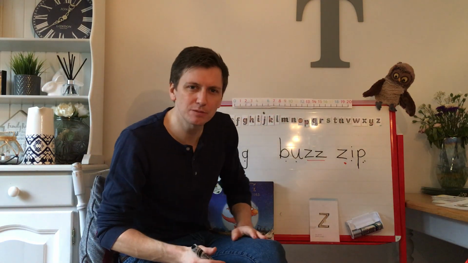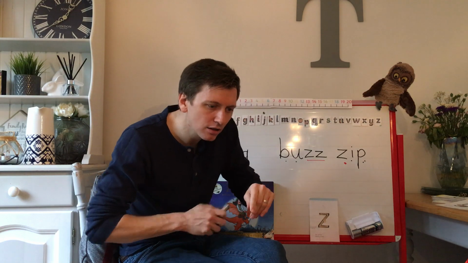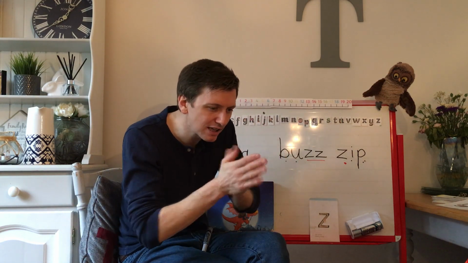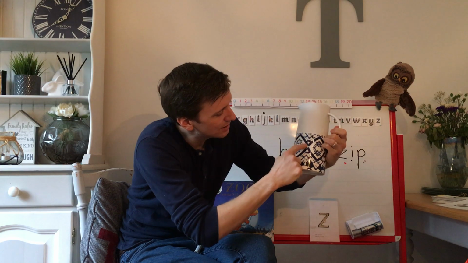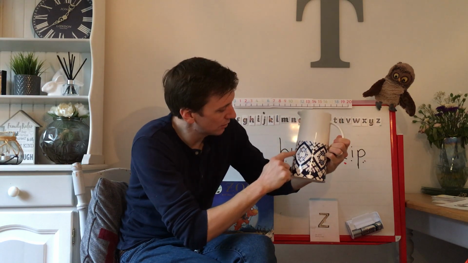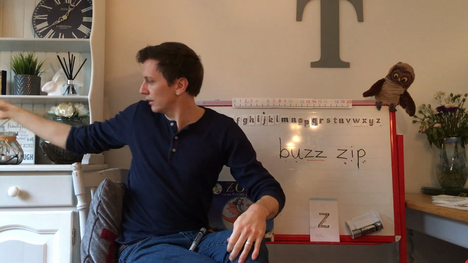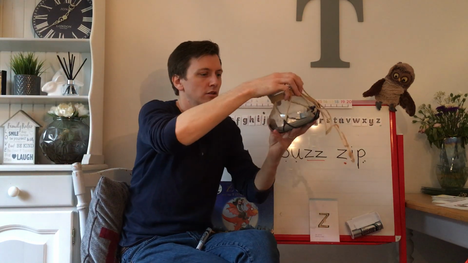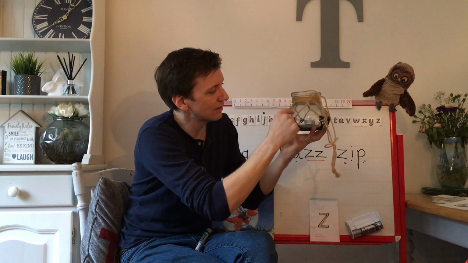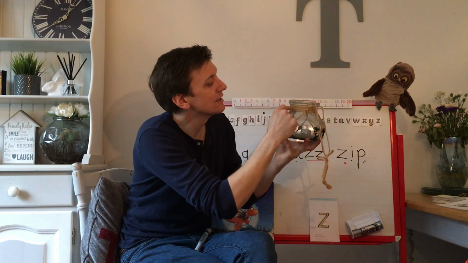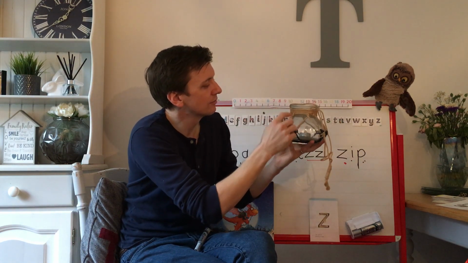Let's start with that first bit. Zigzag. We're not robot arms, it's syllables this time, so zigzag. And if you look here, got a few things. Can you see on this jug, it's got some zigzags. That's a zigzag. Might be a challenge for you a bit later. And on here, this is one of our candles, you can see there are zigzags.